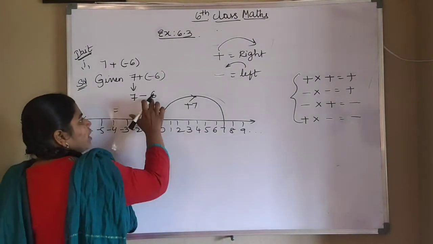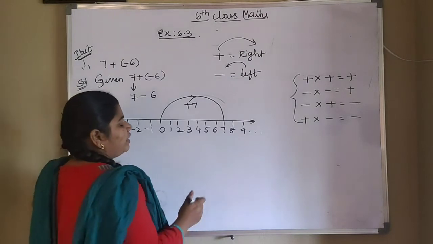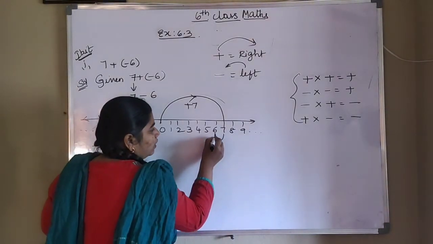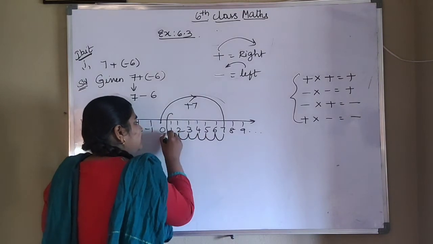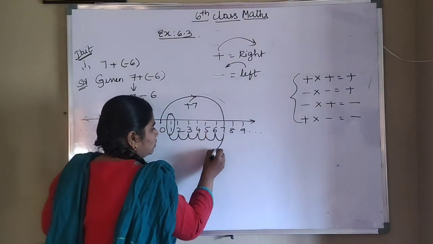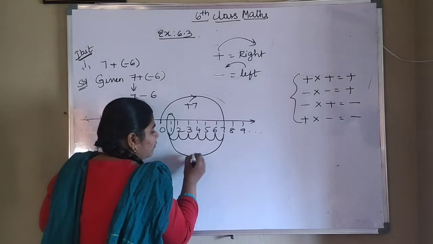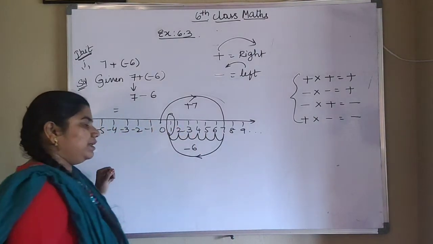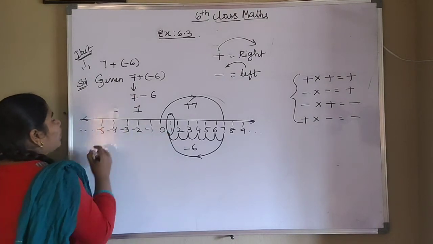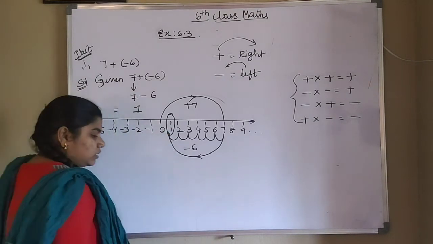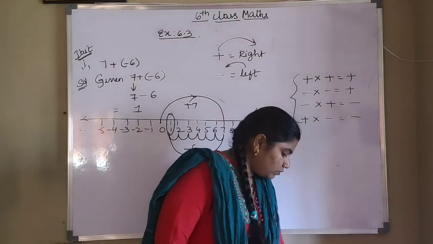How many times we have to move? 6 times from 7. 1, 2, 3, 4, 5, 6. So what is the result here? Plus 1. We are moving to the left side because it is minus 6. So 7 minus 6 will be equal to what? 1.